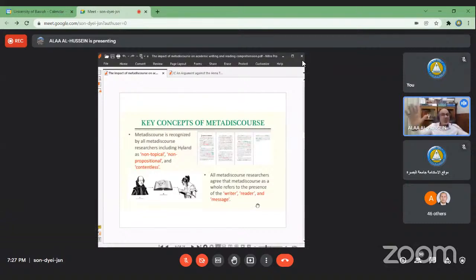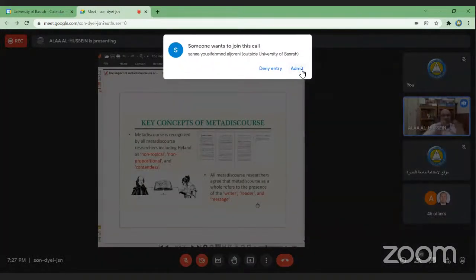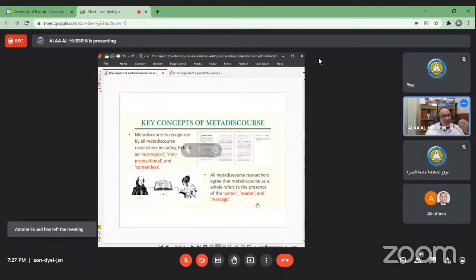So all meta-discourse writers agree that they distinguish between meta-discourse and proposition, and all of them agree that any text has a writer-reader message, cooperation and interaction.